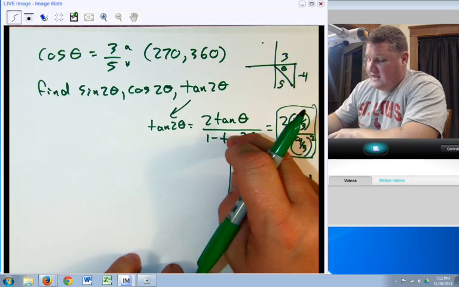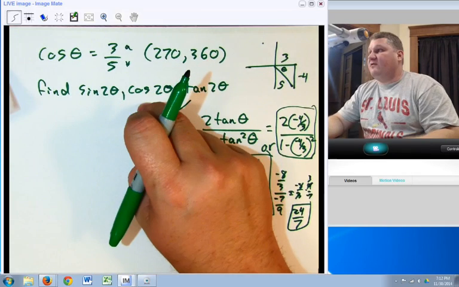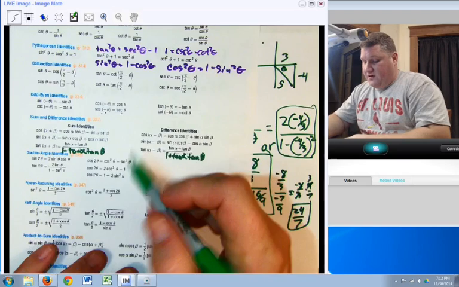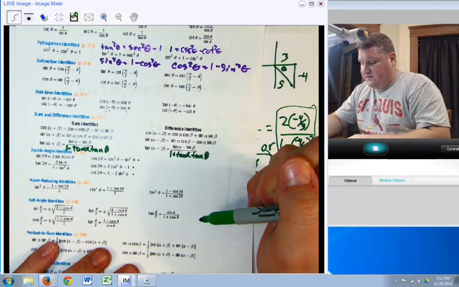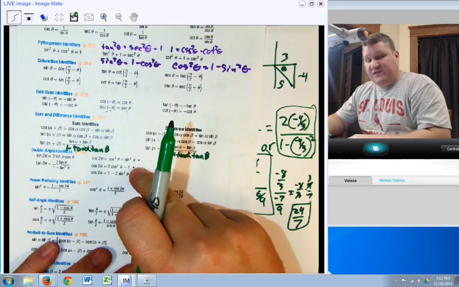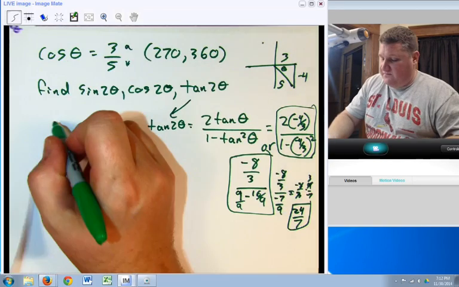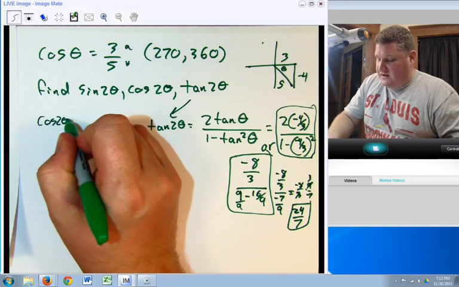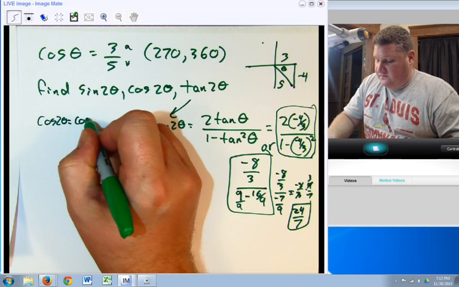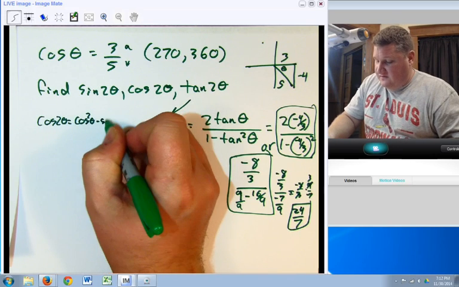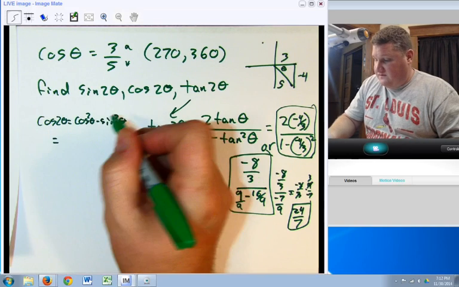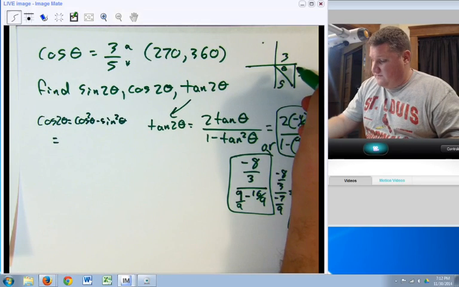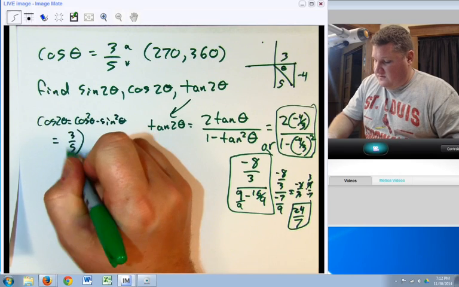Okay, so the idea here is this is fine as long as you can put the property into use. Now, for cosine 2 theta, you have a small issue. Cosine 2 theta actually has 3 different formulas that can be used. One is similar to one we've already seen: cosine 2 theta equals cosine squared theta minus sine squared theta. In this case, cosine of theta was 3/5, so let's square that.